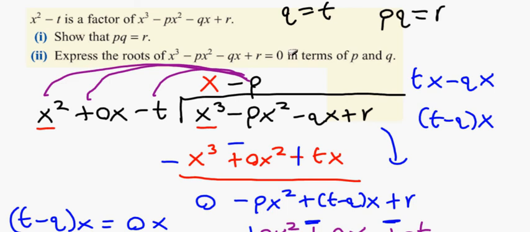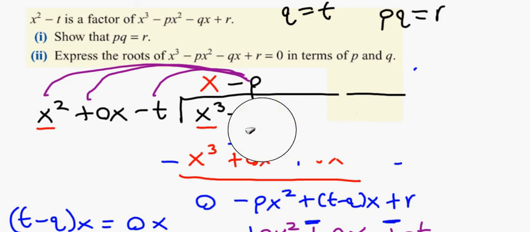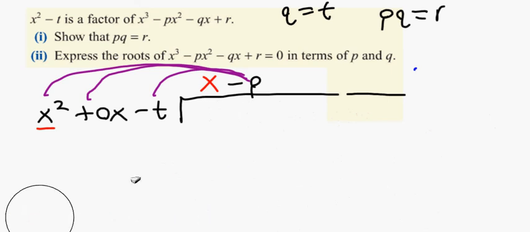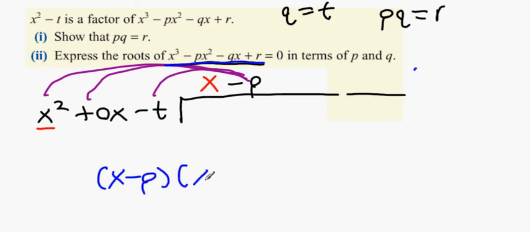So there's two things that happen here. What we can say is that this whole equation, underlined in blue, equals x minus p multiplied by x squared minus t. We know this because when we divided x squared minus t into this, we got x minus p.